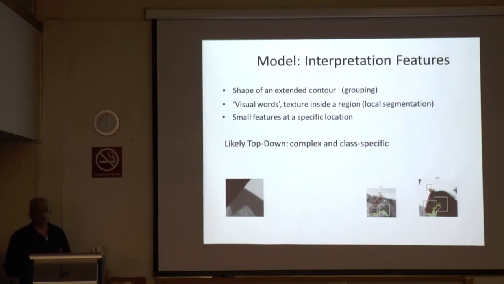In the next stage, you have to apply grouping and segmentation, paying attention to more complicated features, which are unreasonable for computational reasons to include as a part of the feed-forward recognition process.